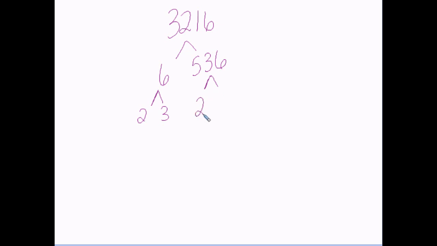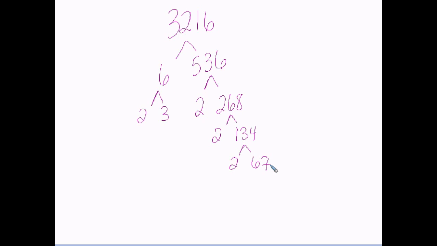2 and not 6, because this won't divide by 3. 2, and actually, it's the same thing. It does not matter how you break it up, you're going to end up getting all the same numbers. So you can start however you want to.